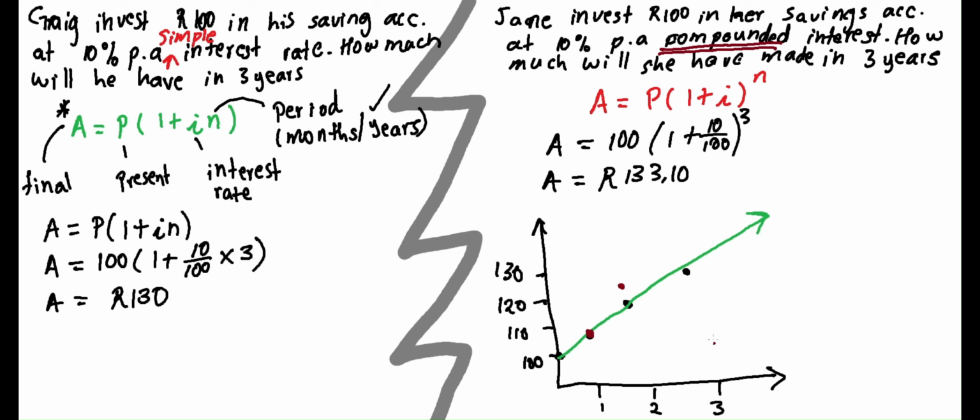And then in the third year, that places Jane at 133 rands. So her savings account is more of an exponential one. Hopefully you can see the difference. Jane invested in a more realistic investment account, while Greg simply invested in a simple interest.